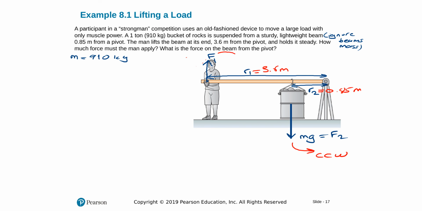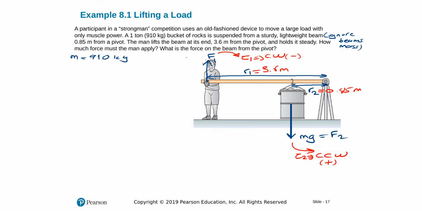This F1 would rotate the system clockwise. So tau 1, if we like, will be clockwise. And tau 2 by the force F2 will be counterclockwise. If I need to show their direction in plus and minus, tau 1 would be minus, tau 2 would be plus. I don't need to show plus and minus here since we have an equilibrium.